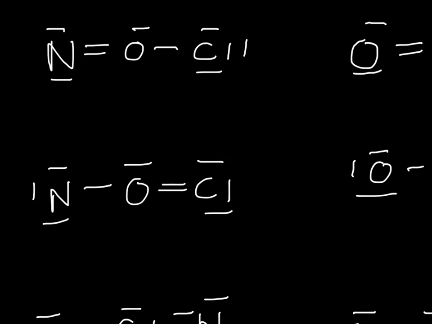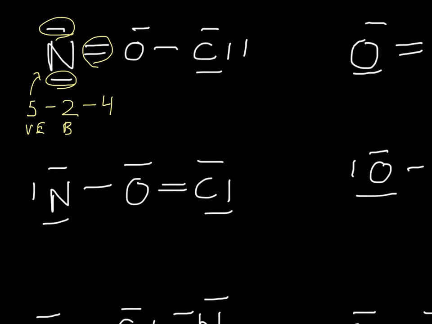Let's start with these 2 first. I'm going to figure out the formal charge for this nitrogen here. Nitrogen's in group 5A, so it has 5 valence electrons. That's my number of valence electrons, minus the number of bonds. Nitrogen here is participating in a double bond, so that's 2 bonds. Minus the number of lone electrons. 2 lone electrons there, 2 electrons there, so it's got 4 lone electrons. Remember, a dash can represent a pair of electrons.